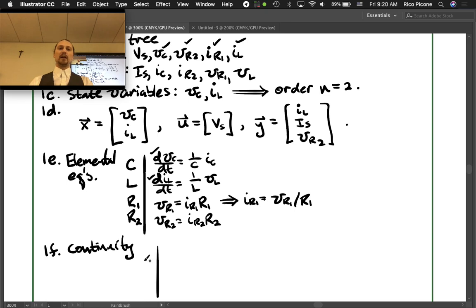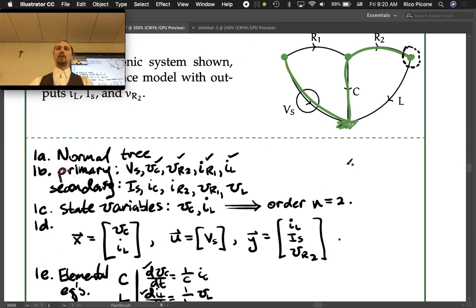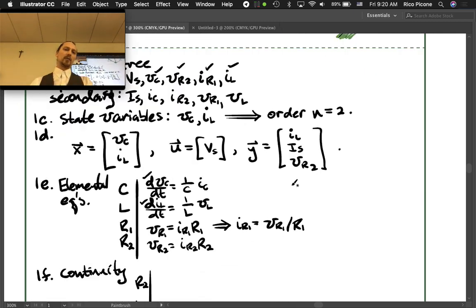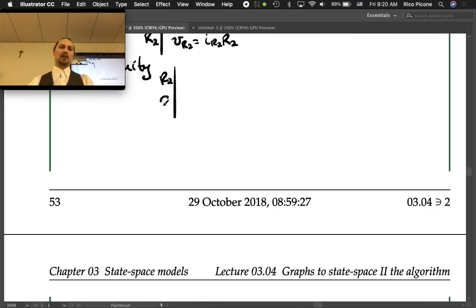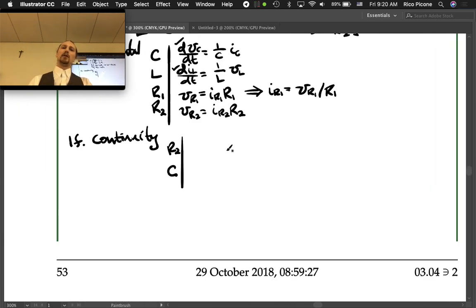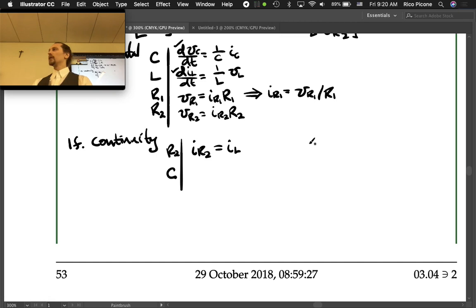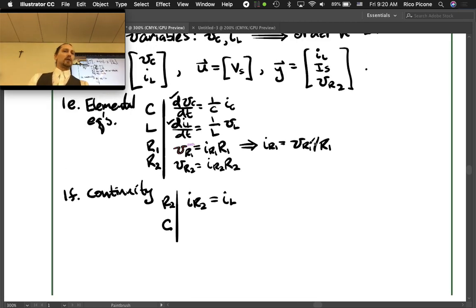So you're going to need one for R2, and one for C, the other passive branch in the normal tree. R2 tells us that IR2, everything going into the contour we just drew, is equal to IL, everything coming out of the contour that we drew.